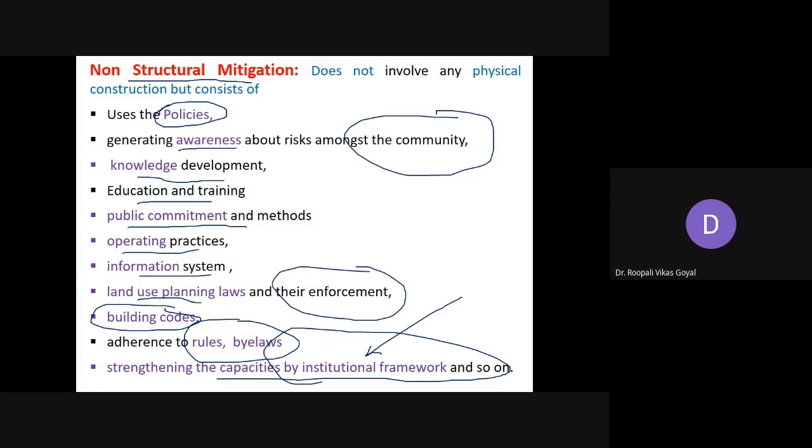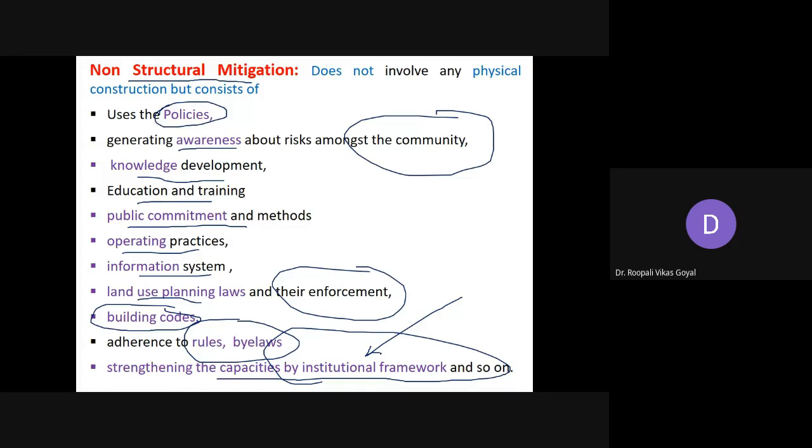This strengthening of the institutional framework is also an important part of non-structural mitigation. So in general, all measures other than physical construction are included in non-structural mitigation. This is the basic difference between structural and non-structural mitigation.